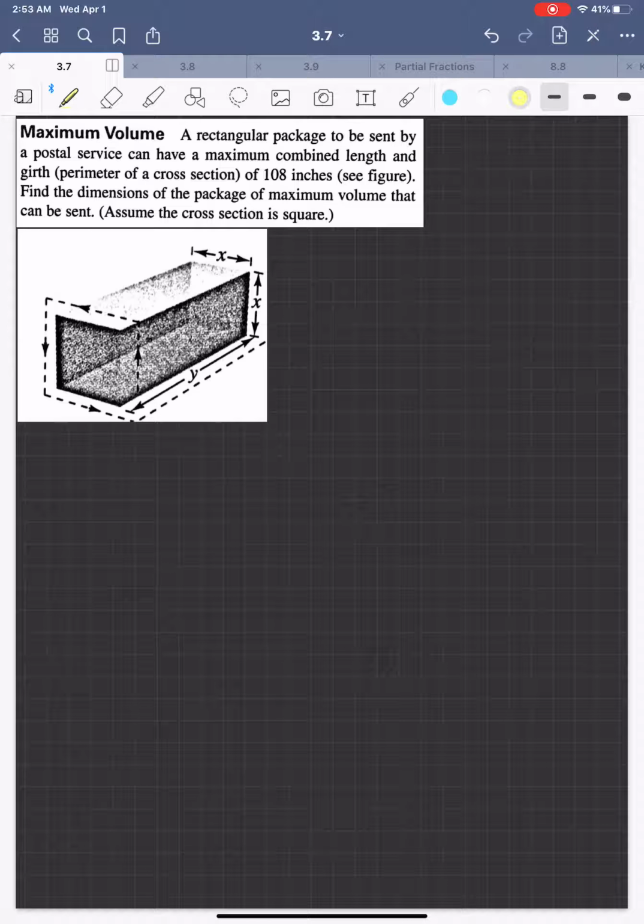Okay, so ready? We have a rectangular package you're going to send by a postal service. Say you're going to send it priority mail or some other type of mail, whether you're dealing with FedEx or the post office, they have restrictions.